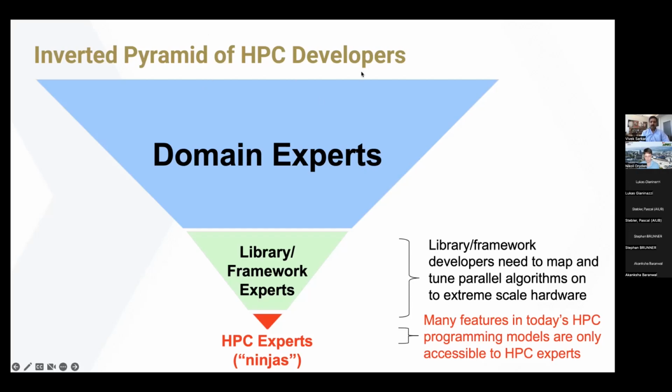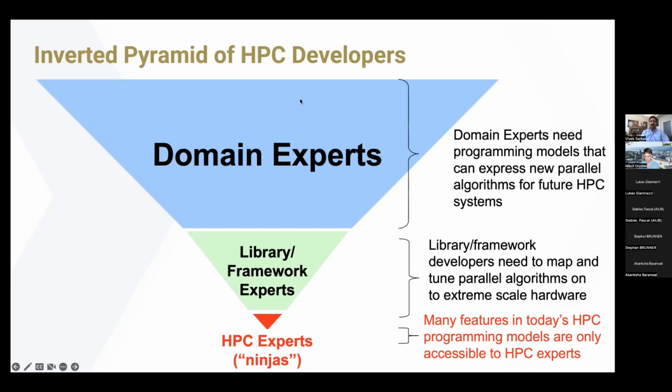But then what I'd like to focus on today are the domain experts. They're interested in solving problems in different domains, and they need ways in which to express new parallel algorithms of future HPC systems. And they'll run into challenges because there may not be libraries available for those and so on.